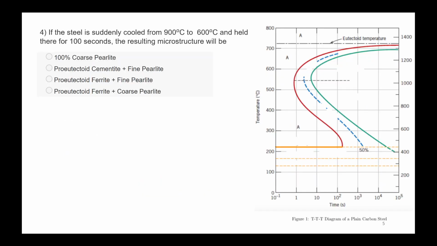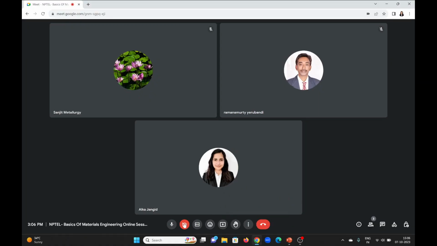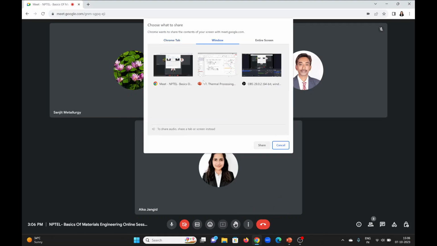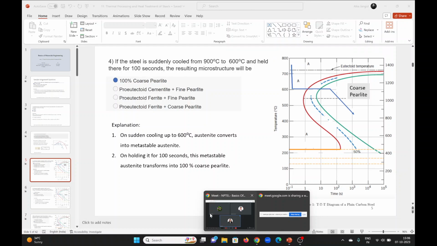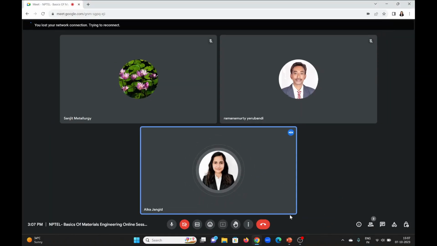Fourth question is, if the steel is suddenly cooled from 900 degrees Celsius, Ma'am, your screen is not visible. Screen is not visible. Sanjeet, is it visible? No, no, it's not visible.